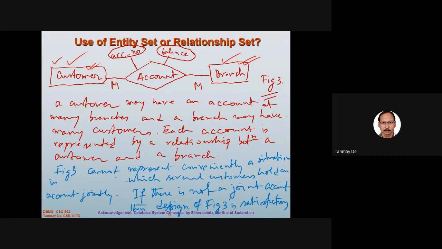If a customer is associated with a particular branch, of course the customer has some account. But for a particular entity of the account entity set, that is a particular account, we cannot say that it can be held by any number of customers or associated with any number of branches.